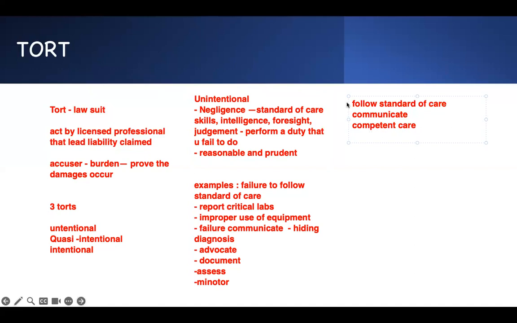You document, you assess, you see something, you intervene. That's why your test is all about intervention, intervention, intervention. You see something, you say something. Intervene and evaluate if you need to make a change.